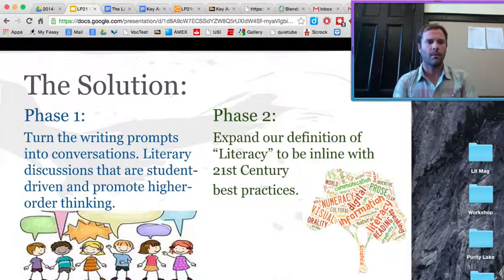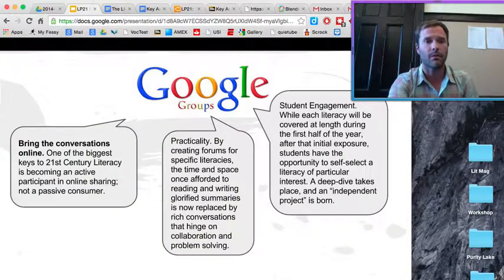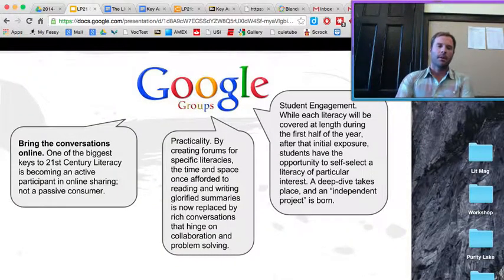So these were the two things: let's bring this online and let's expand literacy. The way to do that, I discovered, was going to be through Google Groups. So, bring the conversations online.